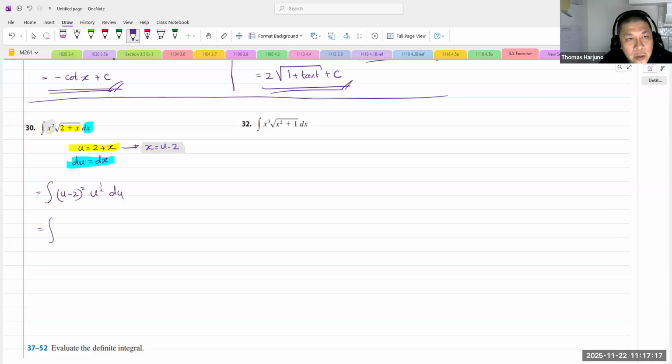And then I FOIL that u minus 2 squared, and then I distribute. In case you wonder how you do that u minus 2 squared, this is just u minus 2 times u minus 2, and then you FOIL that.